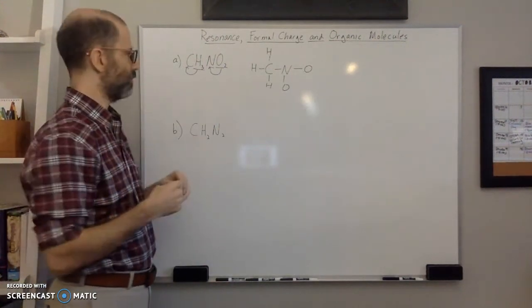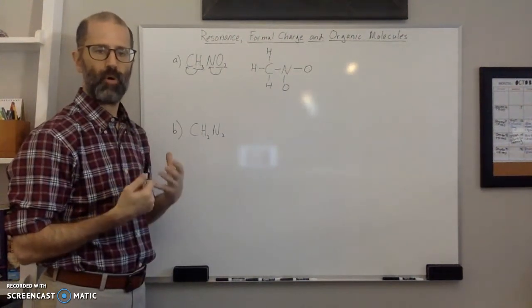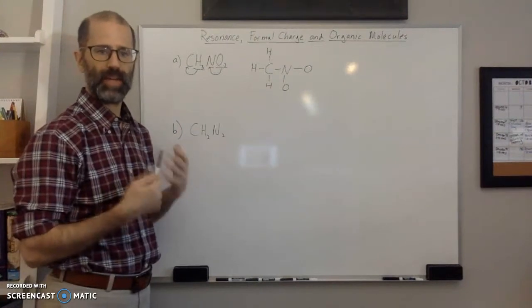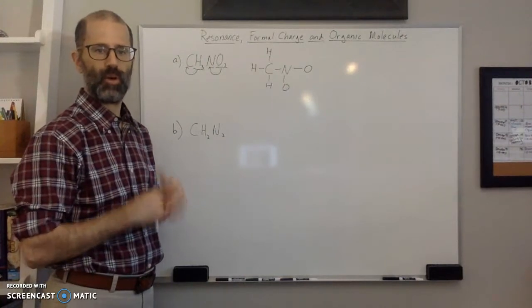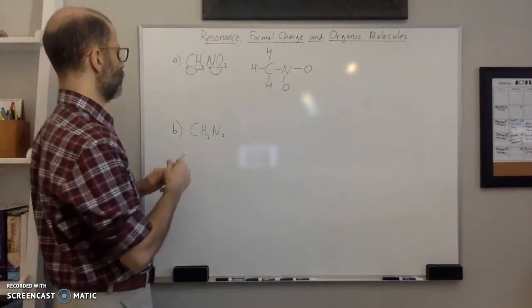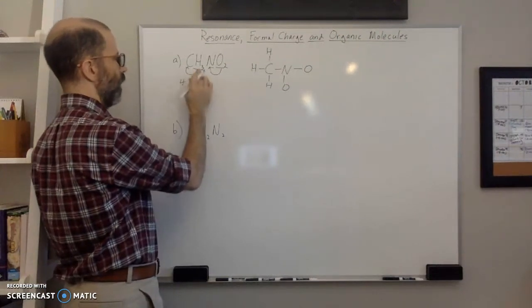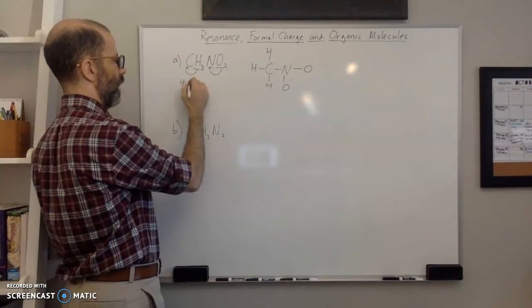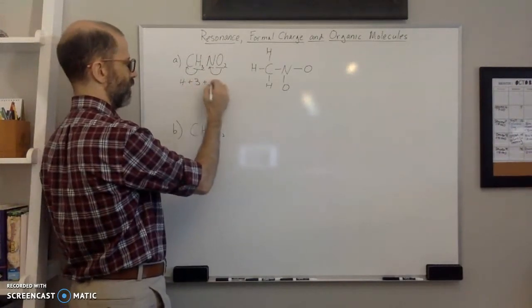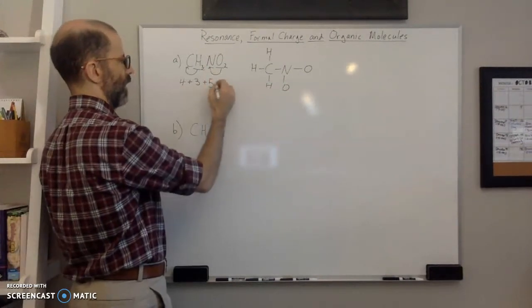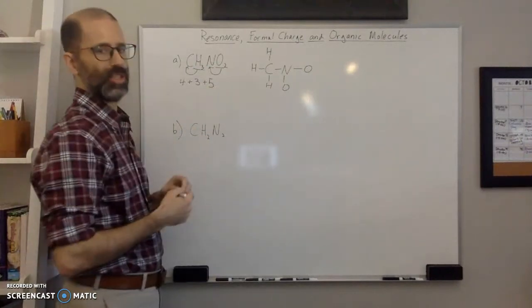Now, I skipped the first step for figuring out the Lewis dot structure, and that is you need to sum up the total valence electrons for the whole molecule. If we sum that up, we get 4 from our carbon because it's in group 4, 1 from each hydrogen because hydrogen is in group 1, 5 from the nitrogen because it's in group 5, and oxygen is in group 6.